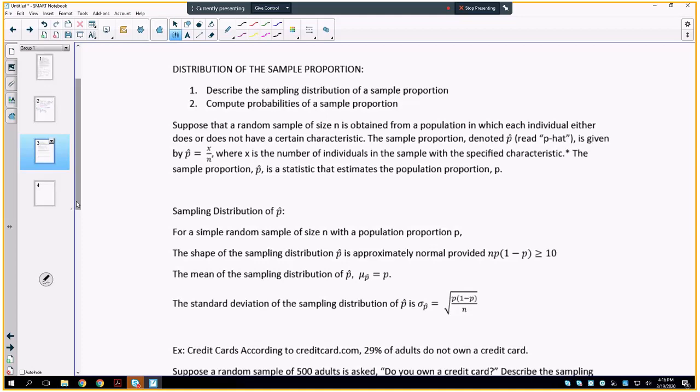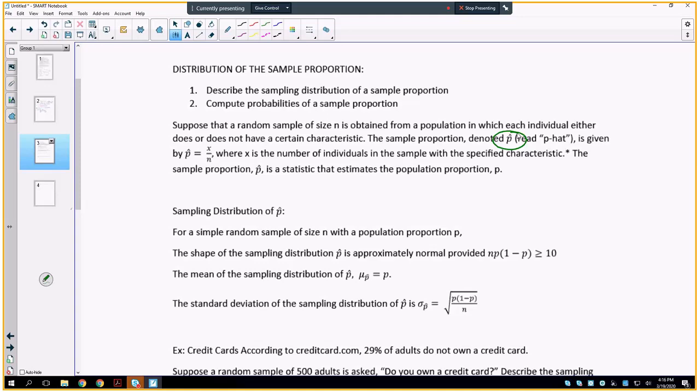It's going to be fairly similar to what we just did. We are still talking about sampling distribution, but now instead of the mean x bar, we're talking about a proportion, which we denote p hat. That's here, p with the little hat on top, and we call that p hat.